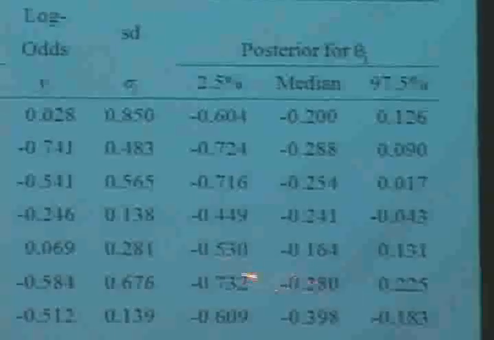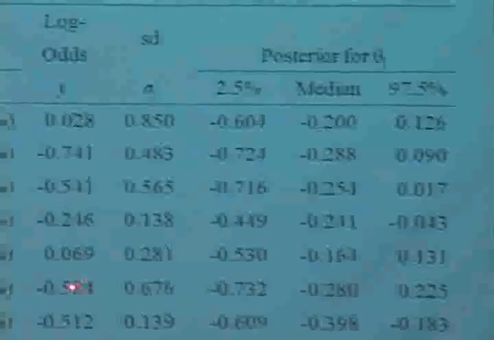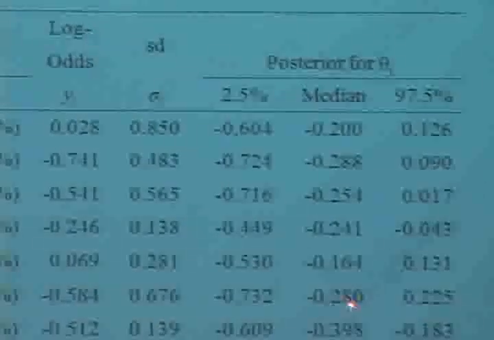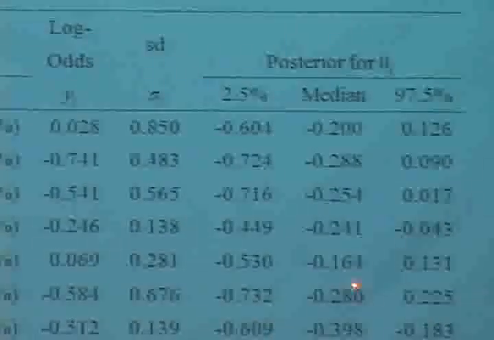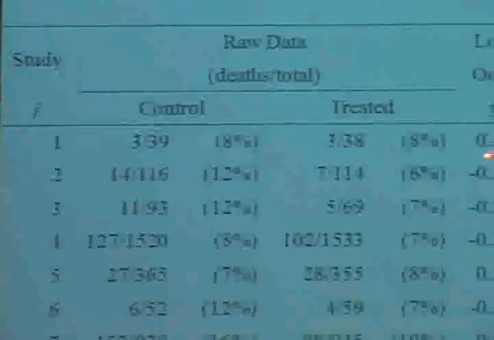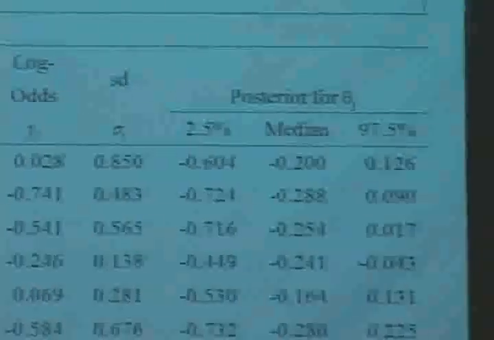See what I mean? We've shrunken it. We've changed this estimate, which only uses information from study 6, to minus 0.280, which is using information from all the studies. And the first study, that actually got a small adverse effect of beta blockers, is changed into a positive effect by drawing information from the other studies.